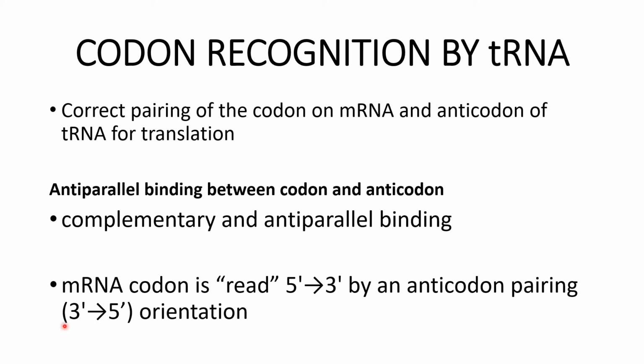So it will always be read in the 3' to 5' direction. Codon is always read 5' to 3', and its complementary sequence, which is antiparallel, is in the 3' to 5' direction.